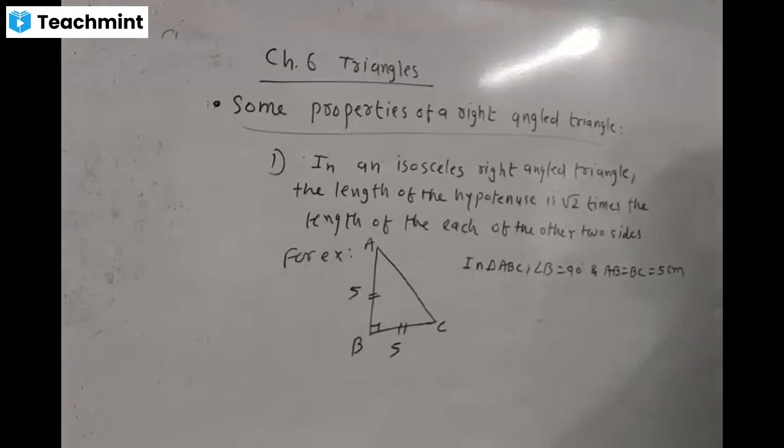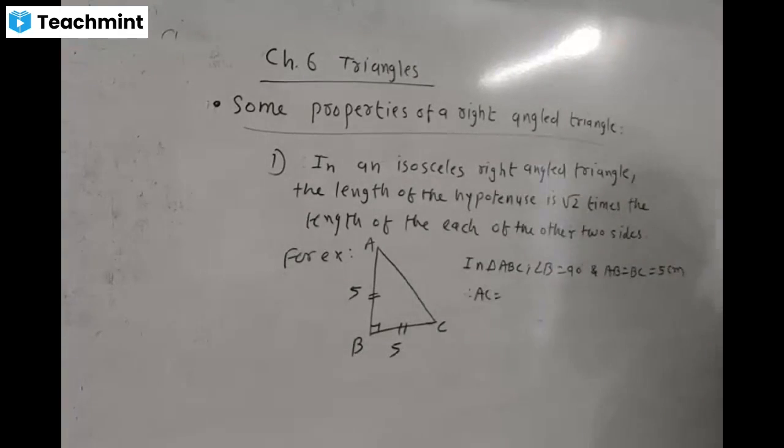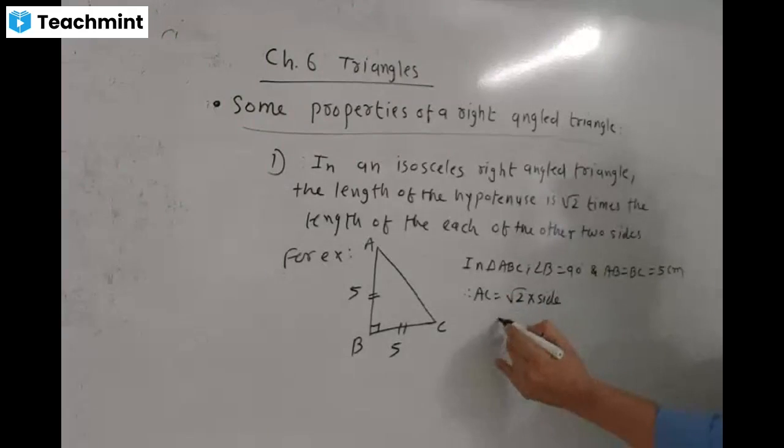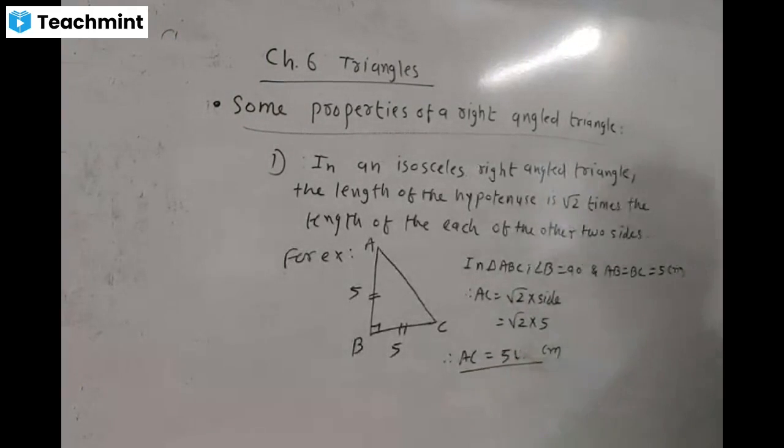Then find AC. Therefore, AC is equal to √2 into side. AC means hypotenuse. Length of the hypotenuse is equal to √2 multiply side, is equal to √2 multiply 5. Therefore, AC is equal to 5√2 centimeter.